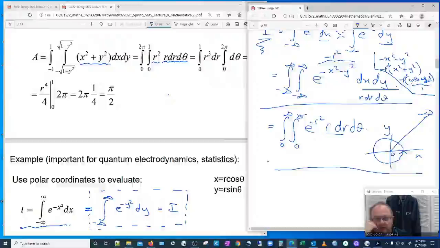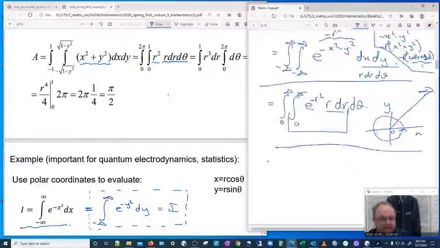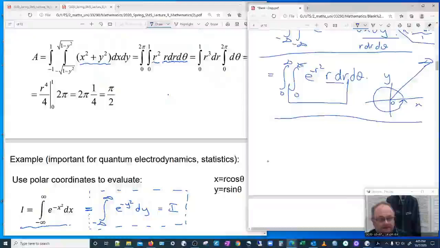So in this case we'll do the inner integral, because we've got to account for this part here. Okay, so the first thing we want to do is integrate 0 to infinity e to the minus r squared r dr. So that's what we're looking at. Okay, so we've got to do a u substitution.